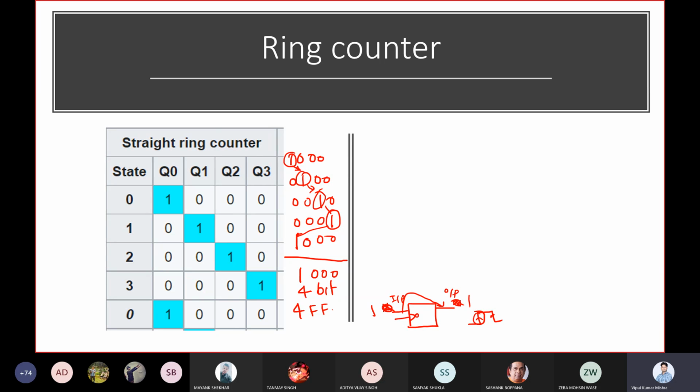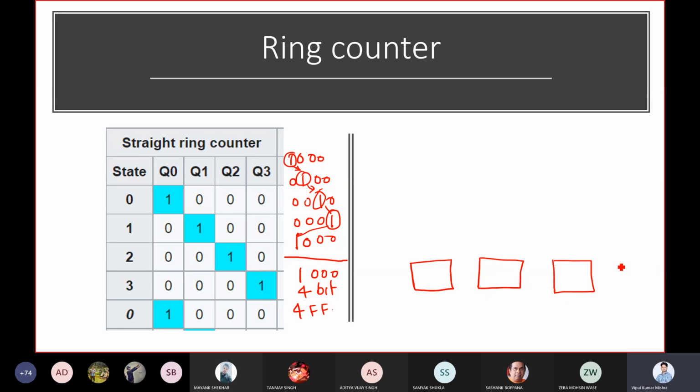Now, if you look into this input behavior, what exactly do we want? Let me clear this part. Suppose I have 4 flip-flops: 1, 2, 3, and 4.